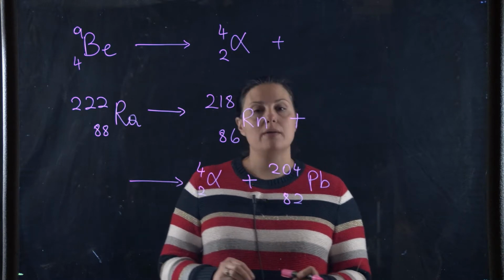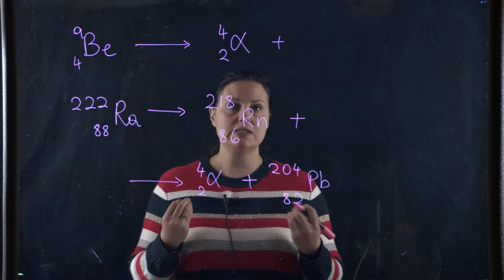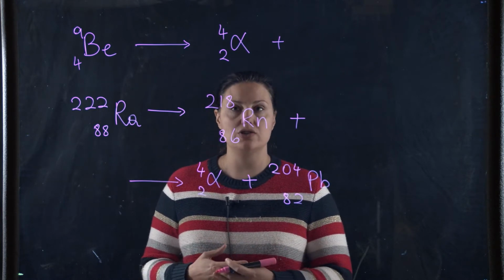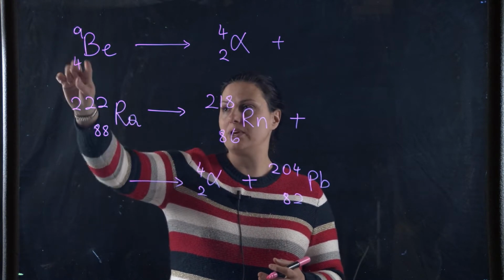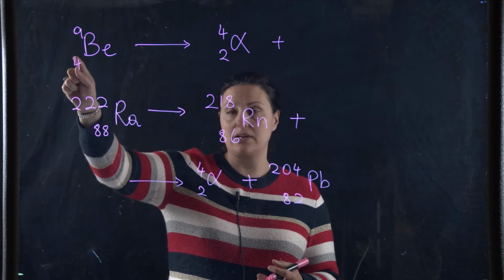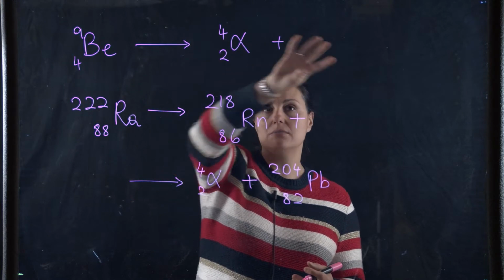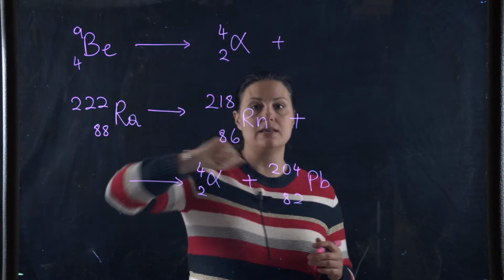The important part about this is to treat it the same as a mathematical equation, where you see that I have a top number and a bottom number. So this is the mass number and this is the atomic number. Treat the top numbers as the mass numbers.